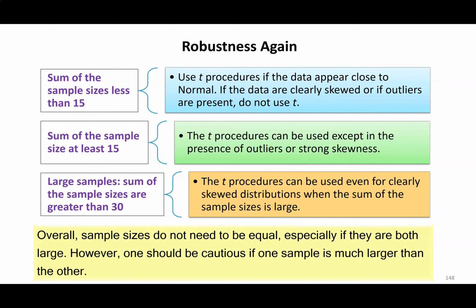So then one last thing to talk about is robustness. Robustness with t-procedures. Basically, if we're not meeting all of the requirements or the conditions, is it still going to be a reliable test or procedure? So in general, if we know that the sum of our sample sizes is less than 15, we need to know that those samples came from normally distributed populations.